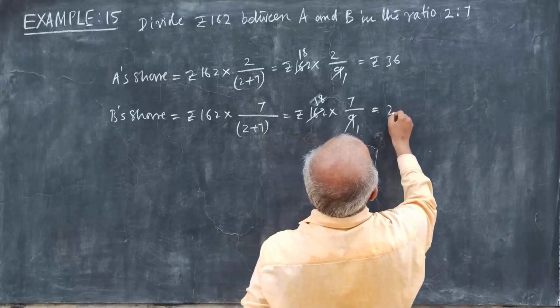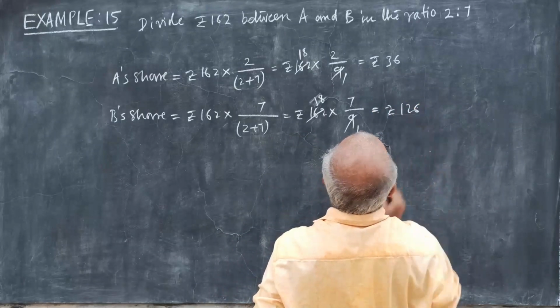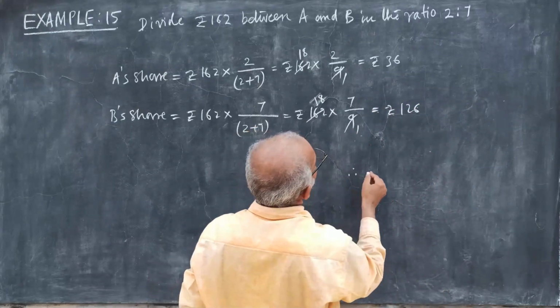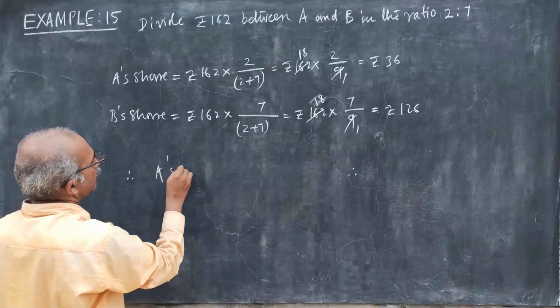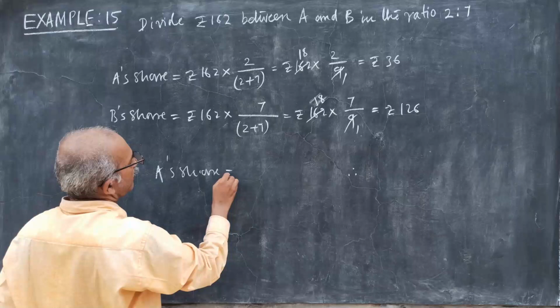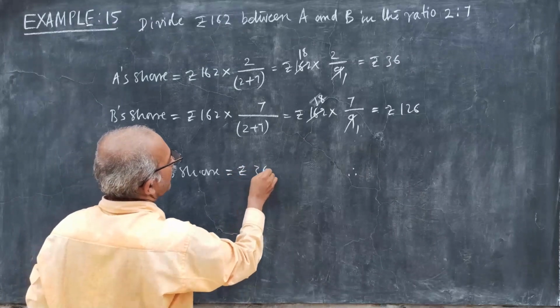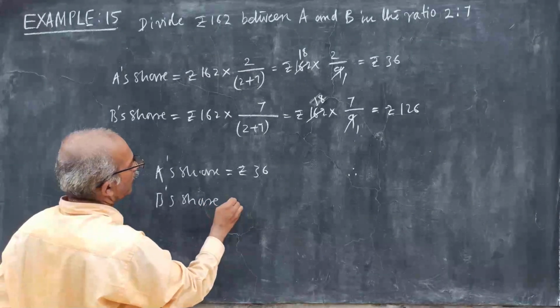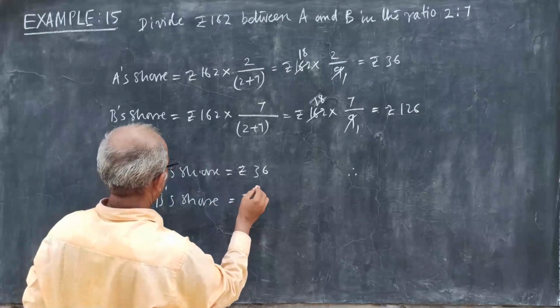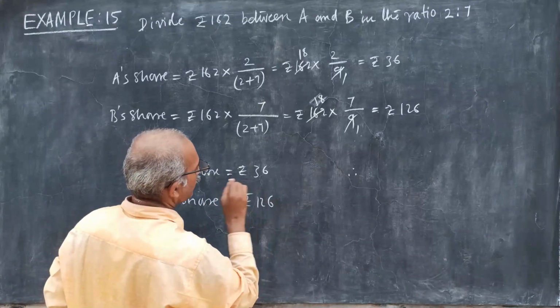So 18 sevens are rupees 126. Therefore, A's share is rupees 36. B's share is rupees 126.